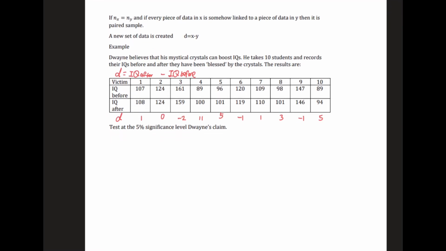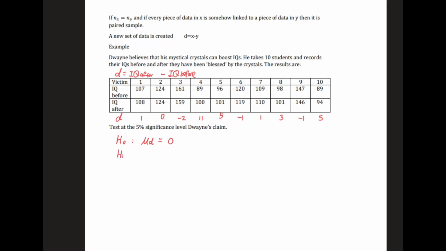Now we set up the null hypothesis. For the null hypothesis, we assume there is no difference before you use the crystal and after you use the crystal. If there is no difference, the mean for D should be 0. No difference.